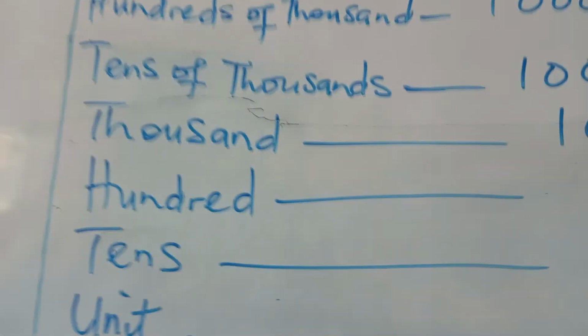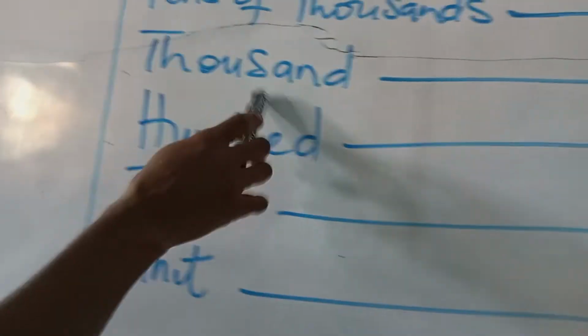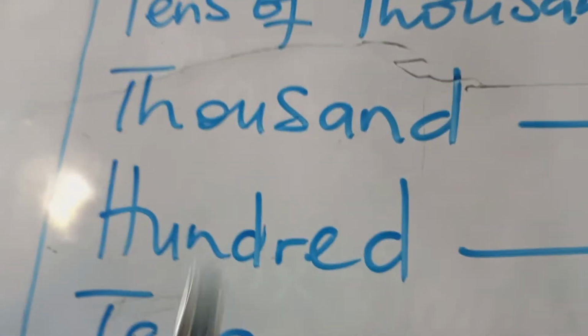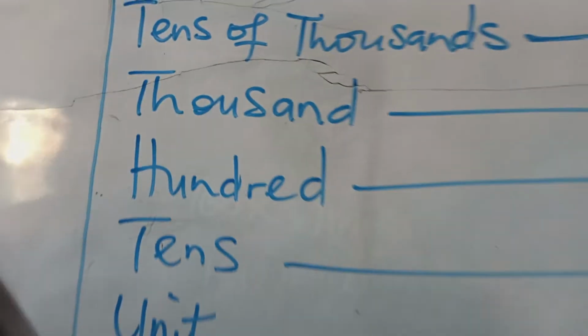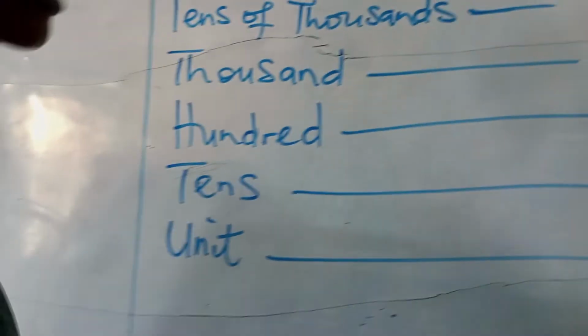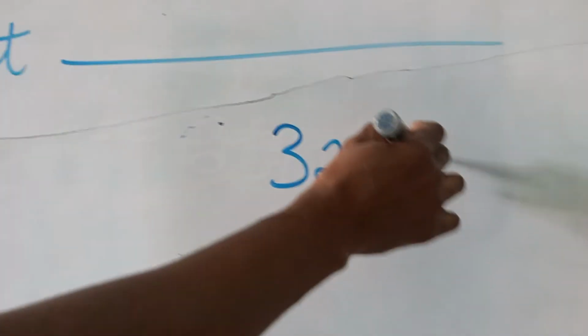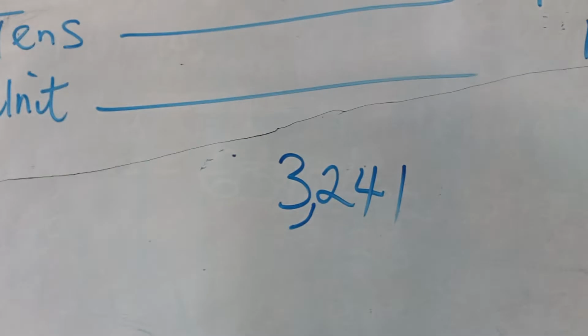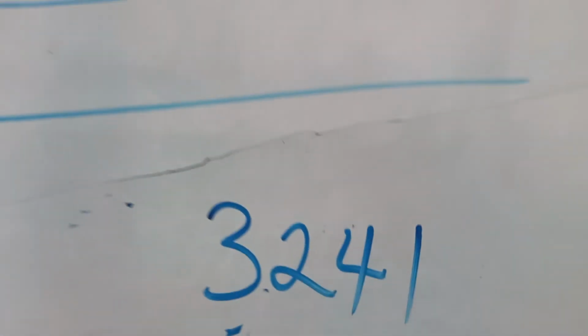The next one is thousand. How many digits can we find in 1,000, either 1,000 or 2,000 or 3,000 or 5,000 down to 9,000? Let's count. 1, 2, 3, 4. So if someone tells you to write a number like 3,241, that is what we have here.